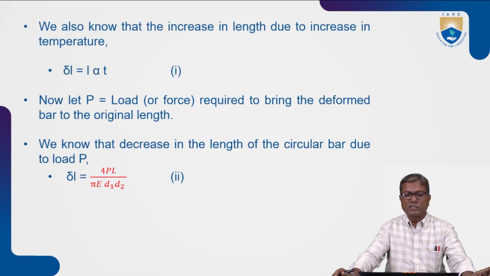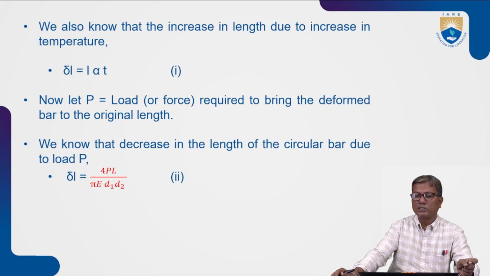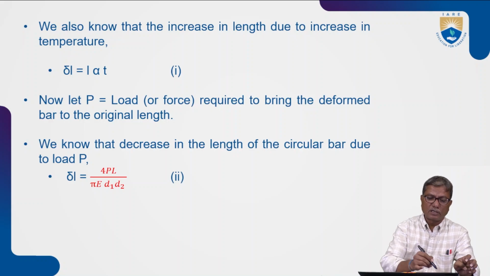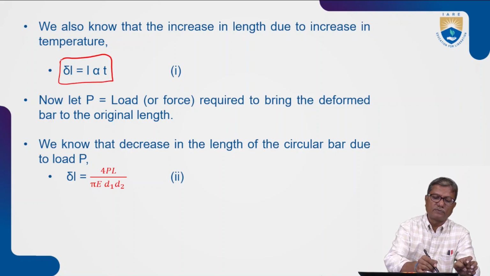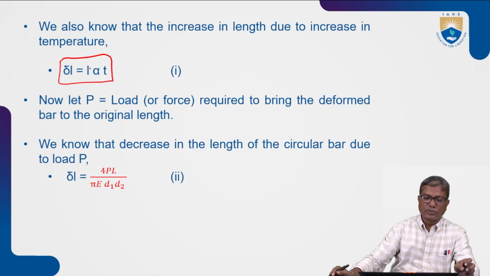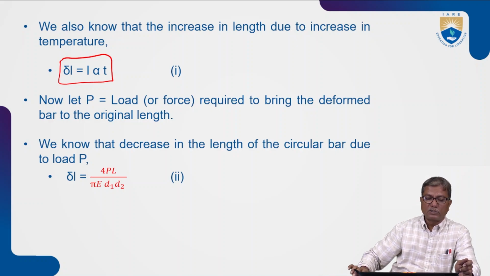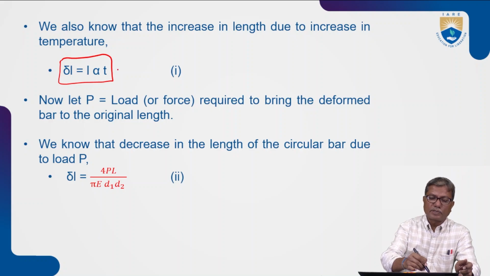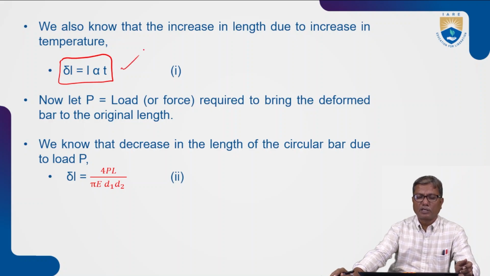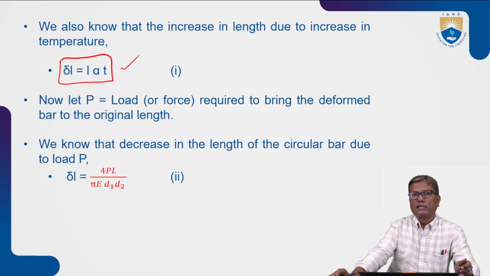And what will be the increase in length due to increase in temperature? Delta L is given as L alpha T here. Let P be the force required to bring the deformed bar to its original length. So if it is free to expand, it expands by L alpha T, which is prevented.